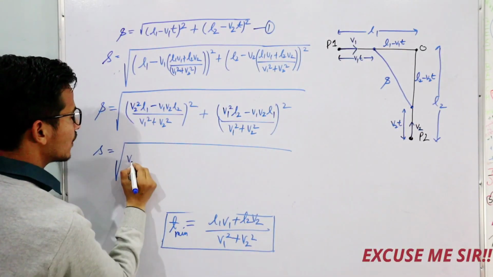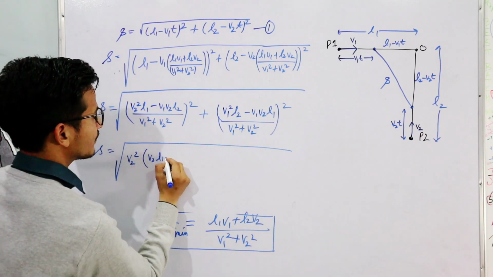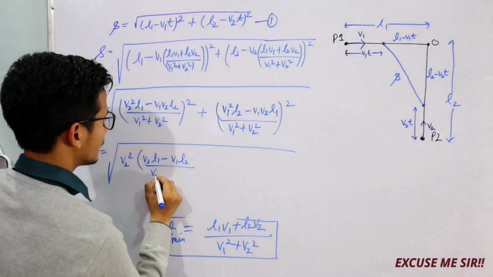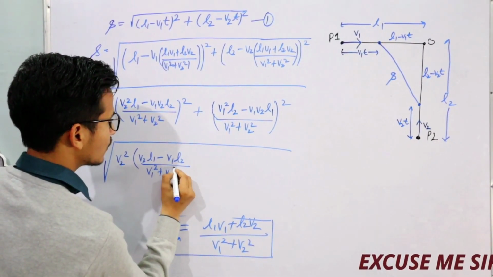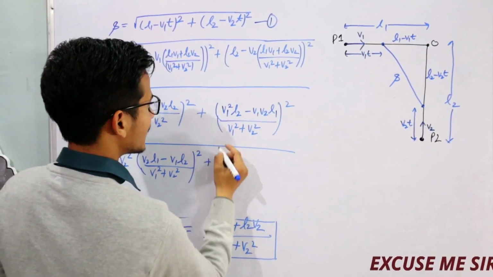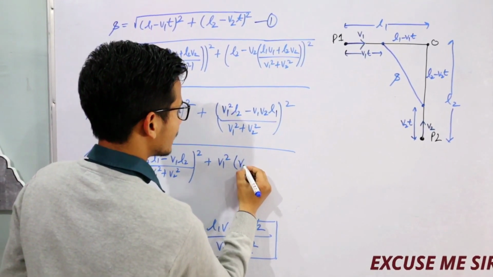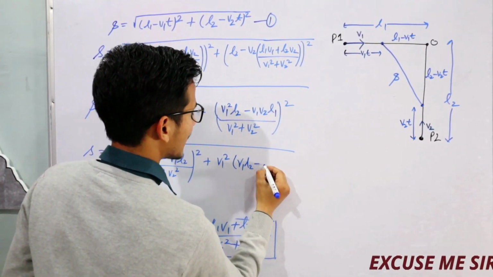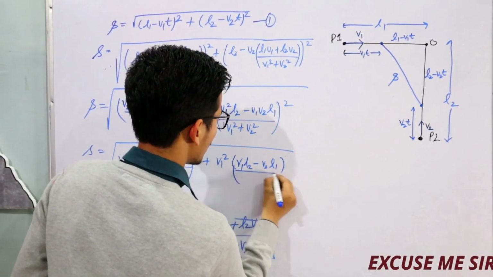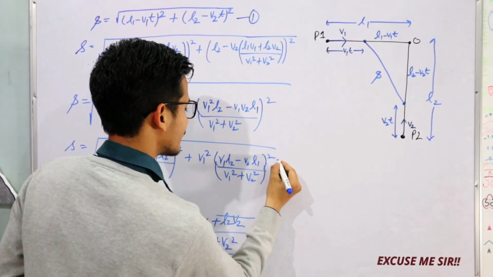It will be v2 whole square times v2 L1 minus v1 L2 upon v1 whole square plus v2 whole square, then square, plus again here we take out v1, it will be v1 square times v1 L2 minus v2 L1 upon v1 square plus v2 whole square.